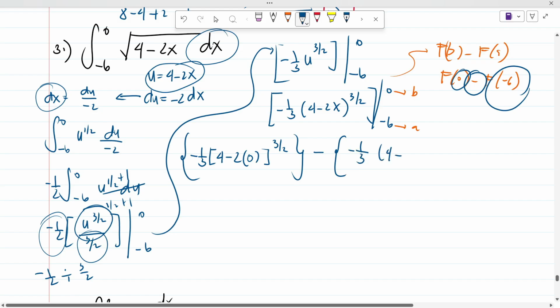4 minus. So, this will be a bracket sign, guys. 2.